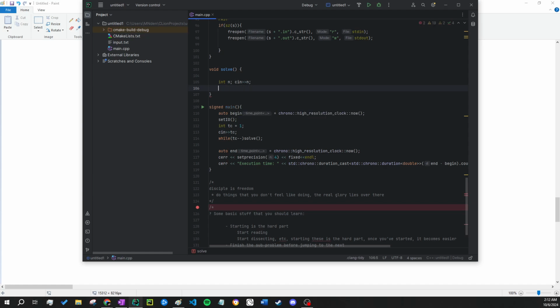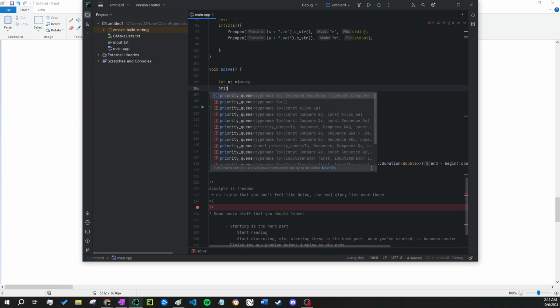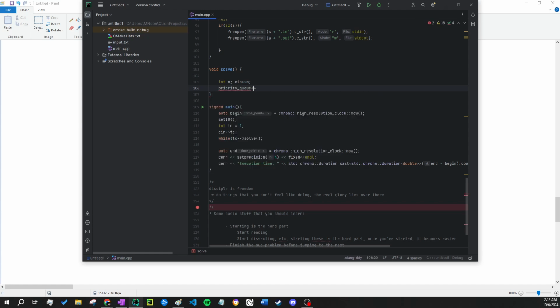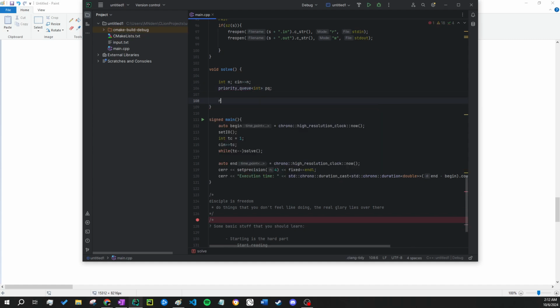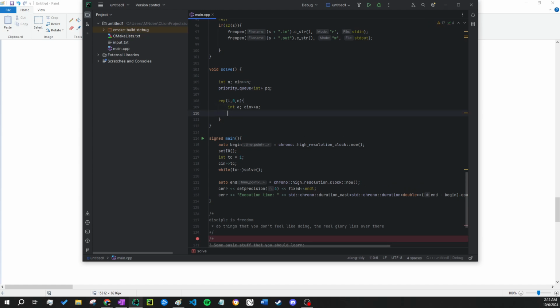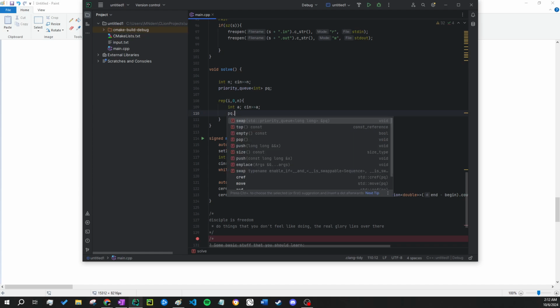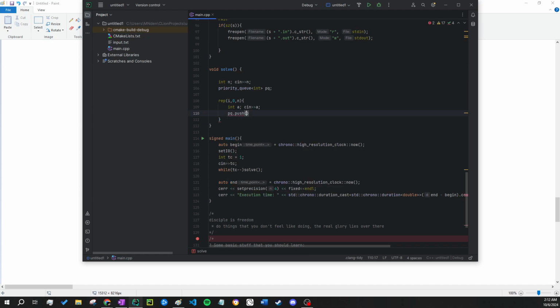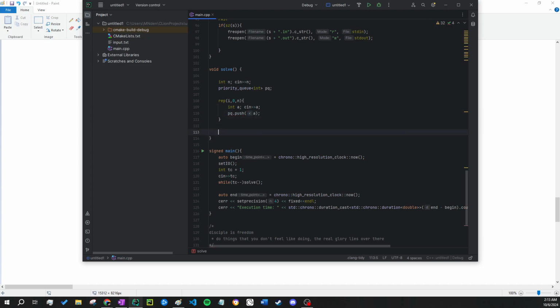Let's first get our priority queue. Oops, that's it. I believe priority queues are always going to be sorted.